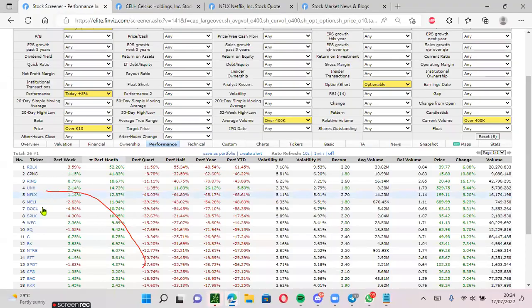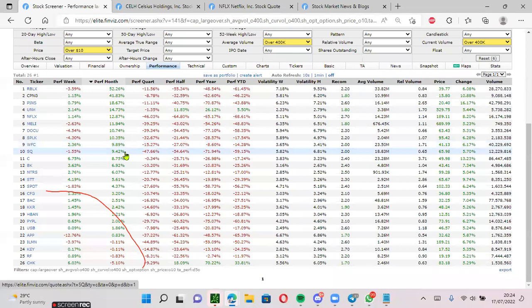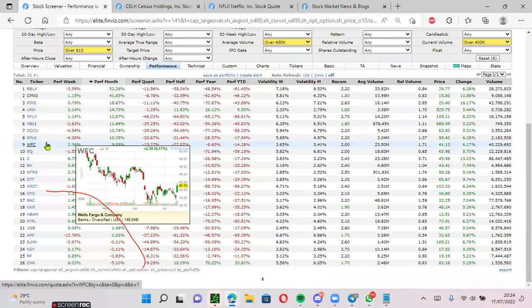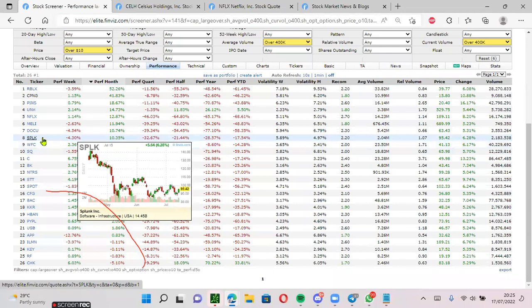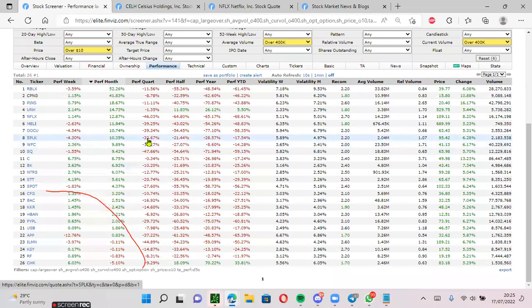Okay, so I wanted to cover a couple of things. If anybody has any stocks or anything, let me know, I'll try to cover. Same thing with Splunk, which is actually good. It did pretty well this month, but overall from last quarter did not do that great.